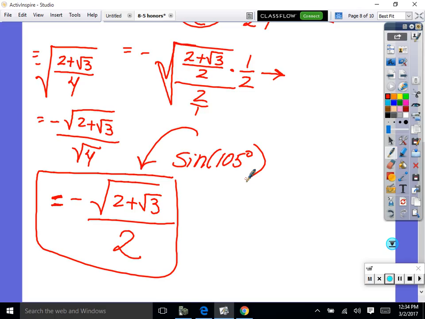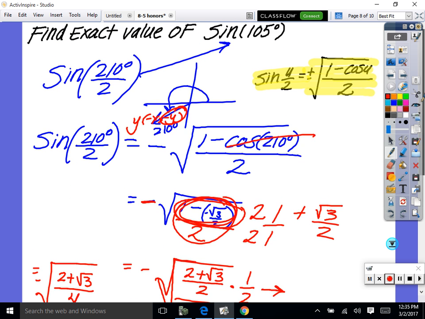Sine of 105. Is it negative? Please tell me it is. It came out positive? So where did we mess up? Oh, what I did on accident was it's really 105.